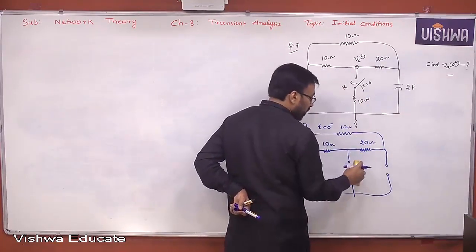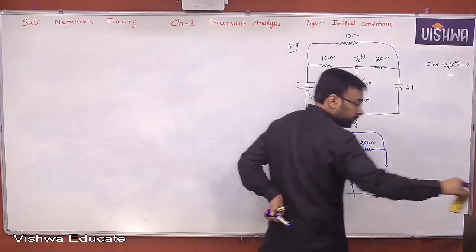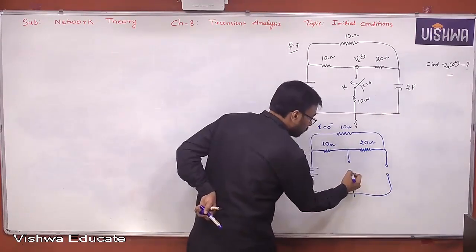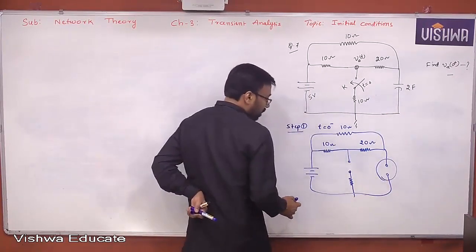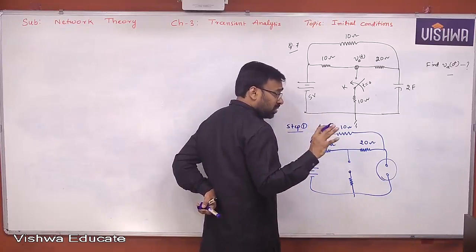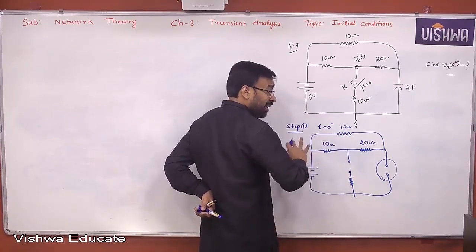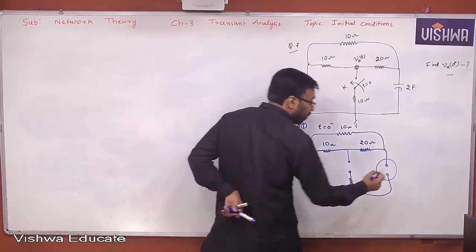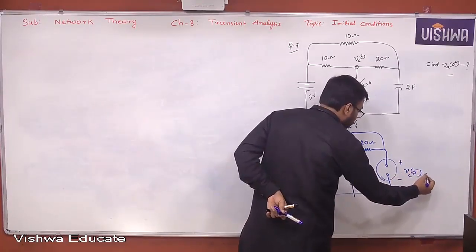You are closing the switch at T equal to 0. Therefore, it is open. This is the capacitor physically available. But in the first step, always you are dealing with voltage across capacitor. You don't need any other information here, right? Therefore, VC of 0 minus, you need this information.